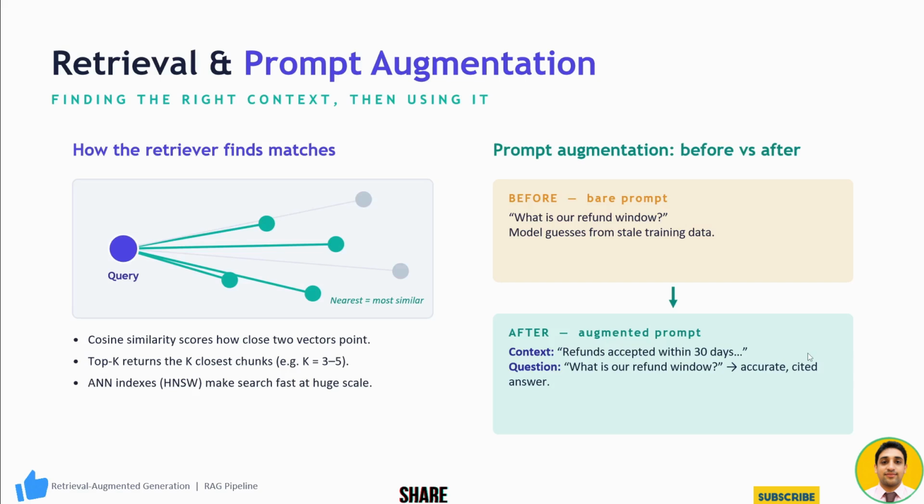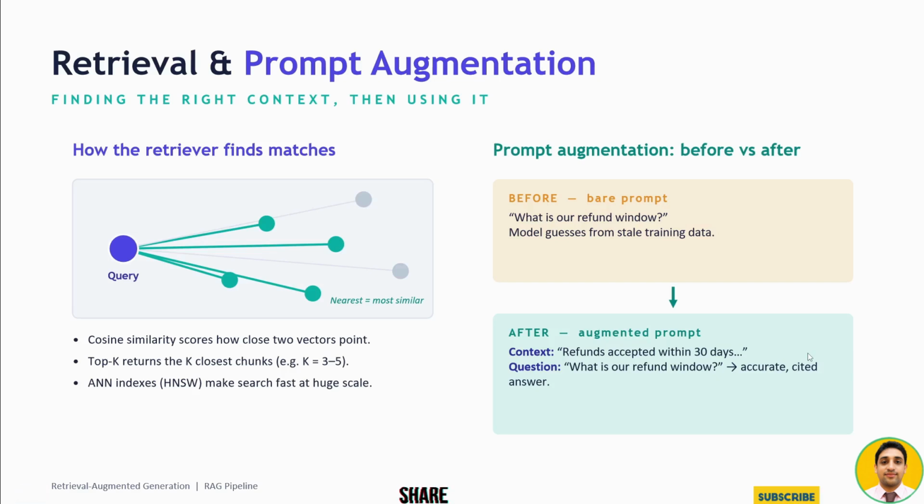Once the most relevant chunks have been retrieved, the next step is prompt augmentation, and it's worth comparing what happens before versus after this technique is applied. Before augmentation, if you simply ask a bare question like, "What is our refund window?" the model has no choice but to guess an answer based on whatever it happened to memorize during training, which could easily be outdated or simply wrong.